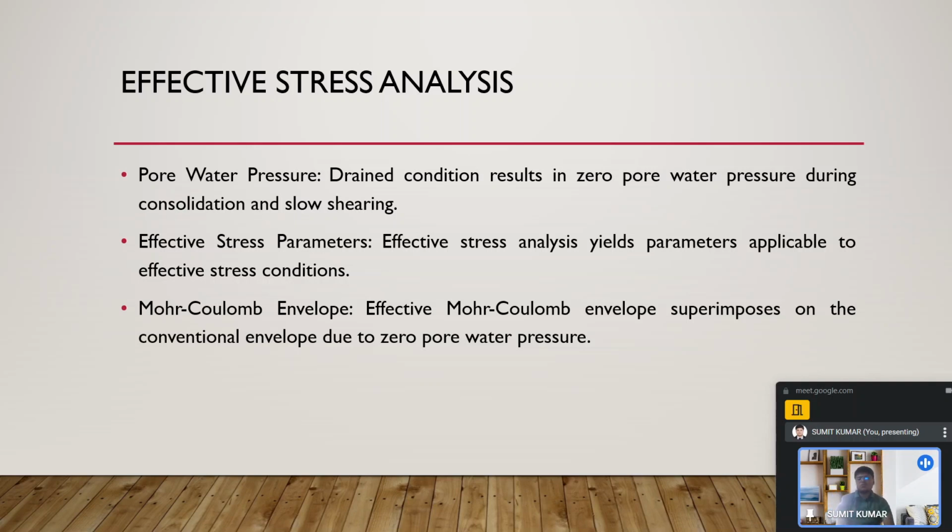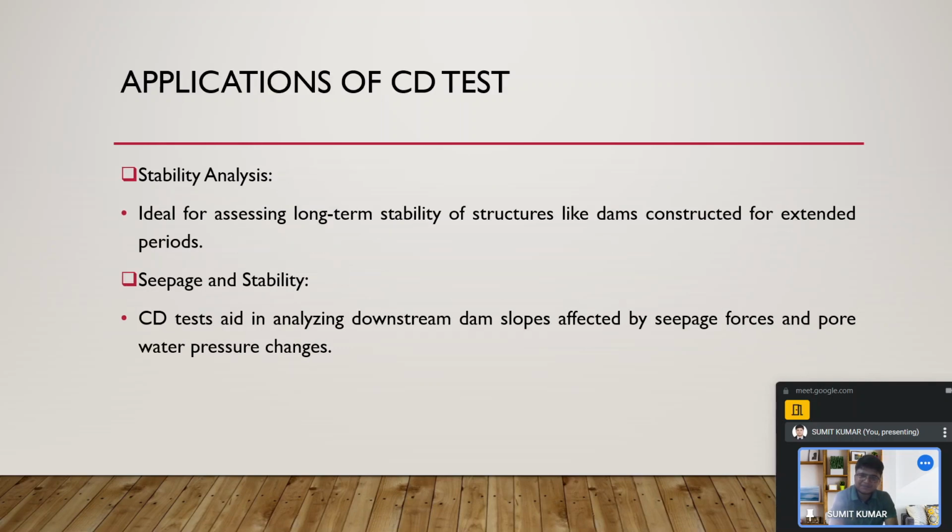Talking about the Mohr Coulomb failure envelope, the effective Mohr Coulomb envelope superimposes on the conventional envelope due to zero pore water pressure development, because the variation in the failure envelope for the different parts is only due to the variation in the pore water pressure. If the pore water pressure doesn't develop, the drainage condition is so sharp that the total stress becomes the effective stress. So the curves must overlap each other.